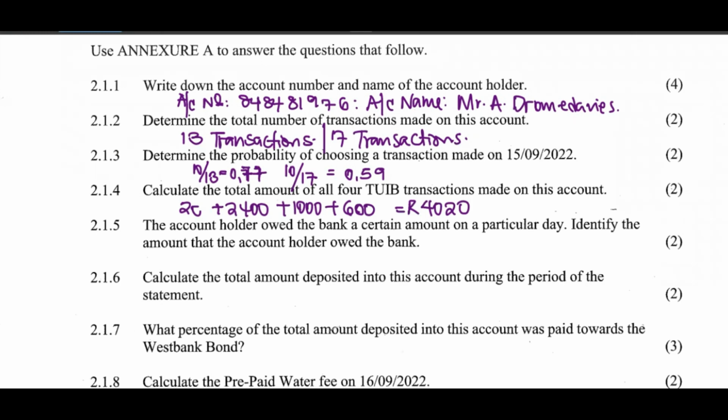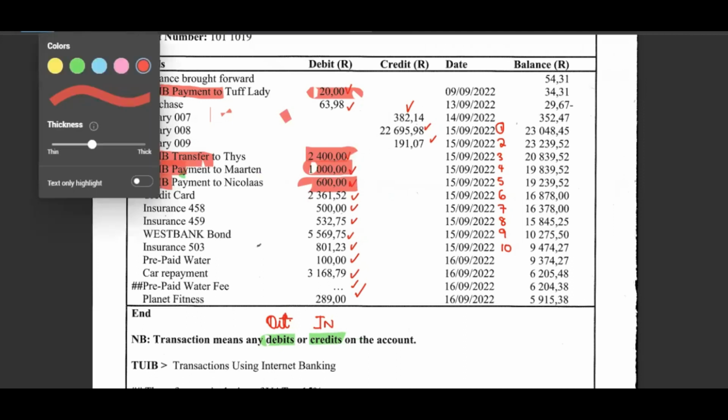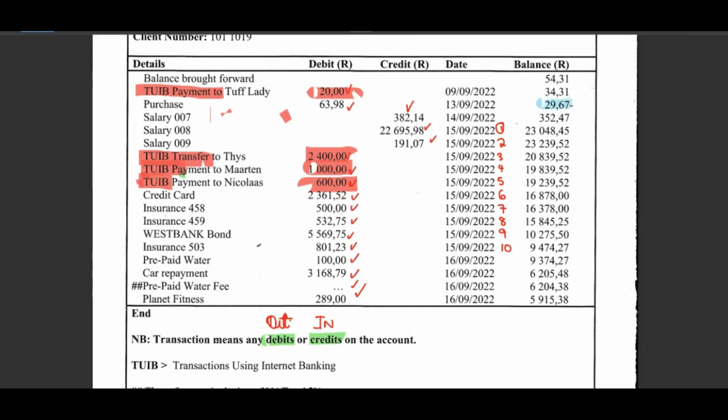The account holder owed the bank a certain amount on a particular day. Identify the amount that the account owner owed the bank. Let's look here critically. These are the amounts that we have. But take note of this.